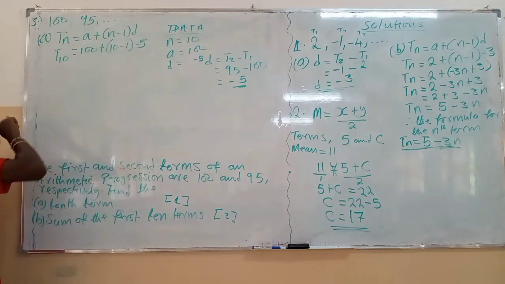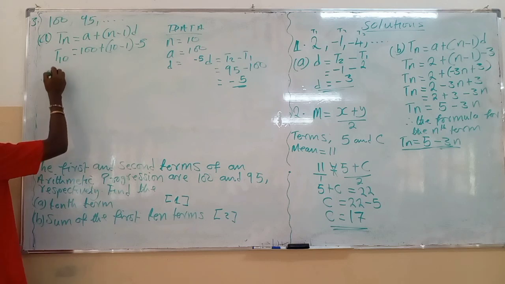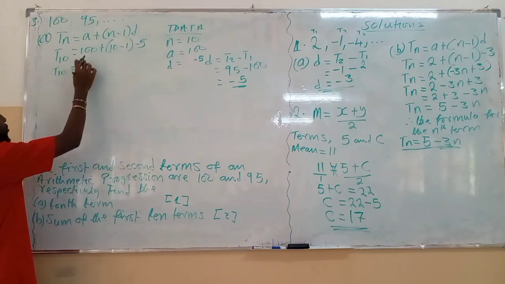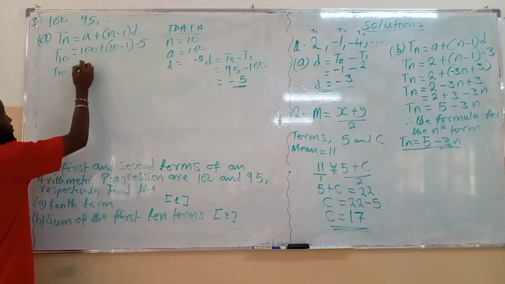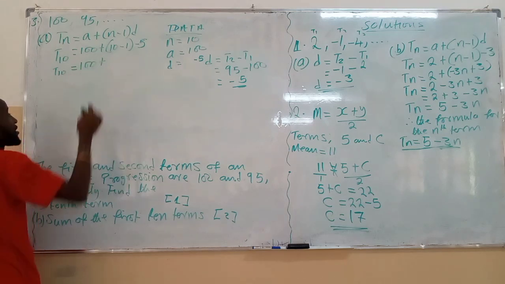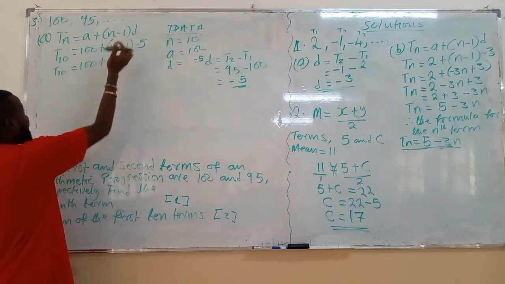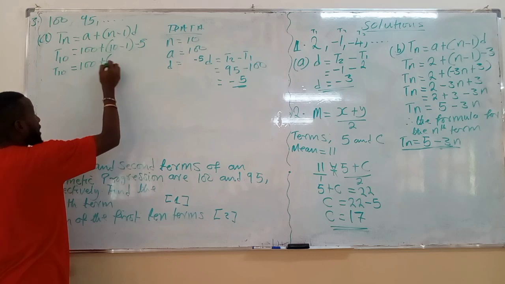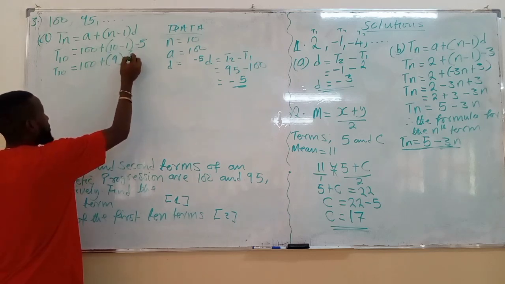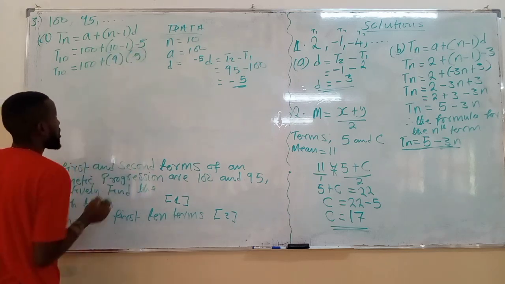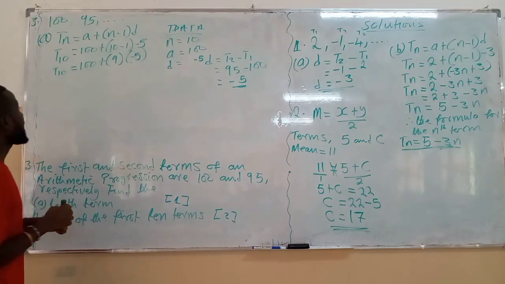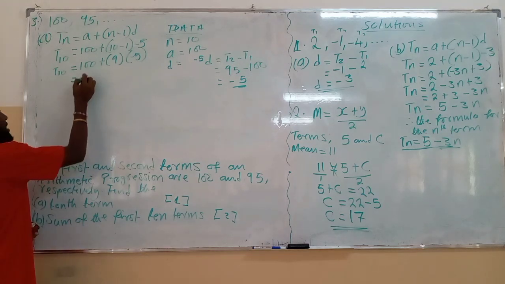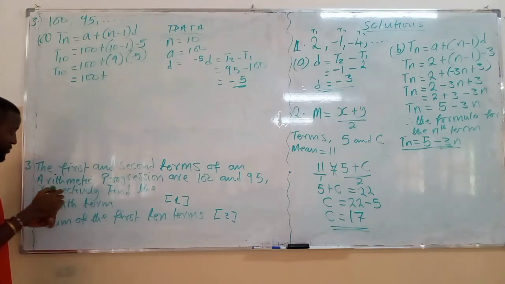Then we continue working out. The 10th term is equal to 100 plus, what is 10 minus 1? We have 9 multiplied by negative 5. What is 9 multiplied by negative 5? So we have 100 plus.